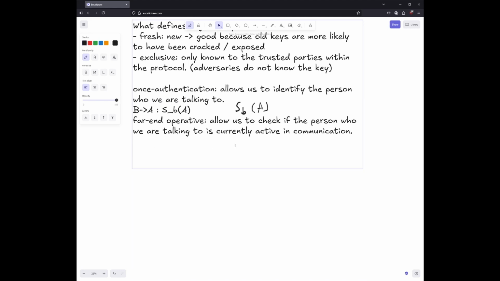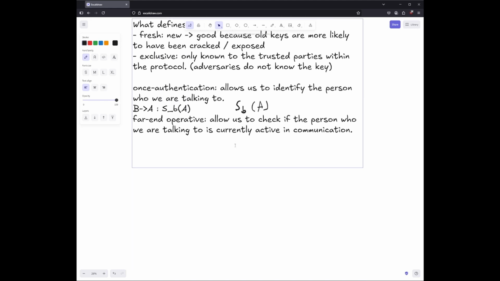And we can do this as follows. A can send a nonce that's fresh to B, and then B must be able to sign this nonce immediately.